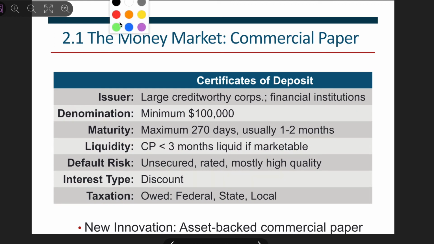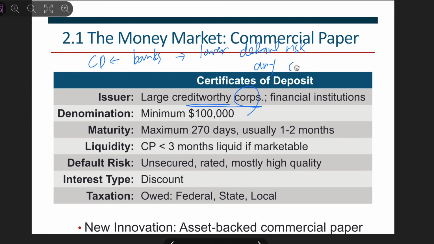CDs are from banks, the big banks, and they have lower default risk than corporations, any companies. It says a large credit-worthy corporation, but we have so many large credit-worthy companies in the U.S. market, so many companies can issue commercial paper.